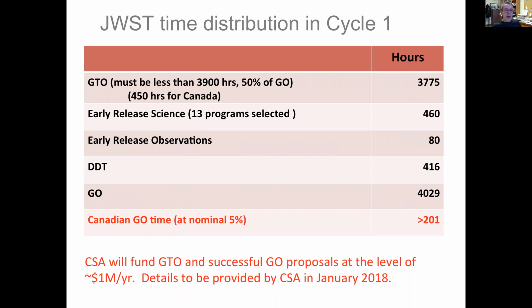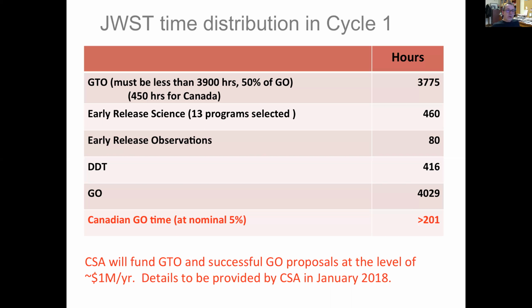So after all proposals that have been approved during cycle 1, if you have an incredible idea and you'd like to submit, as usual, you can submit a DDT proposal to the director to get your time. So that corresponds to 10%.